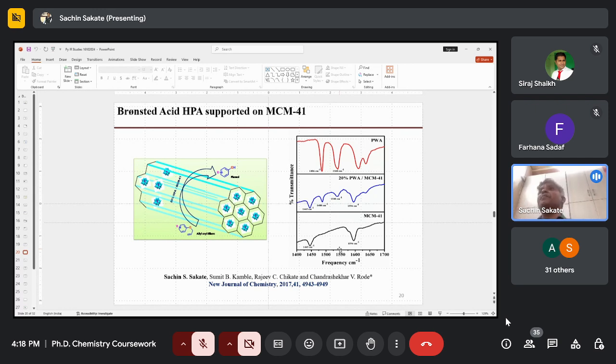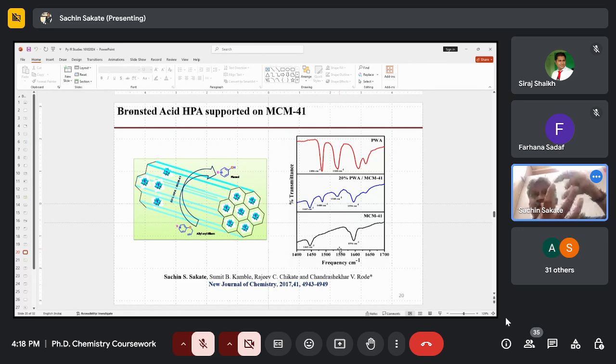The Bronsted acidity is retained, even if you go for 5%, even below that. It will not change, because your support is a very good support for holding your active species. Your active species is firmly placed in the pores, in the cavity, or in the pore volume of the support.